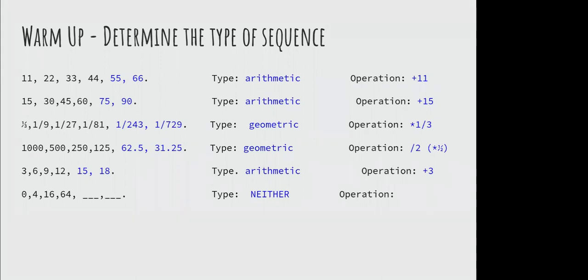You're only in class for 50 minutes. You don't have time to keep adding 11 and 11 until you get to the 15th term. So there is a formula that can help you derive those terms further down in the sequence.